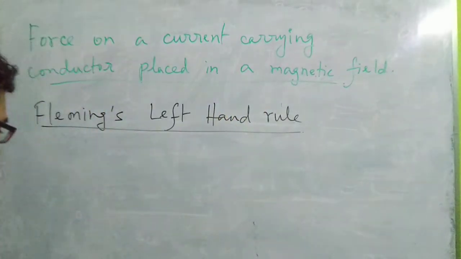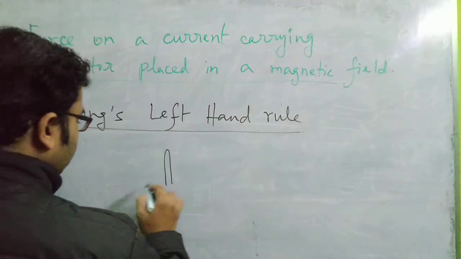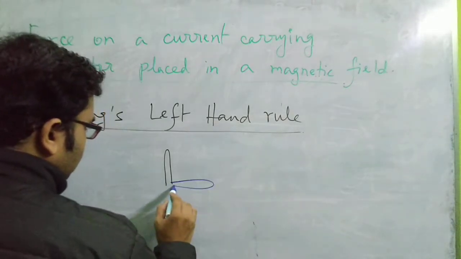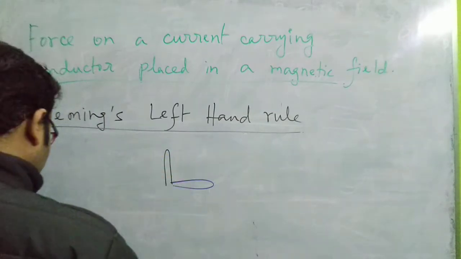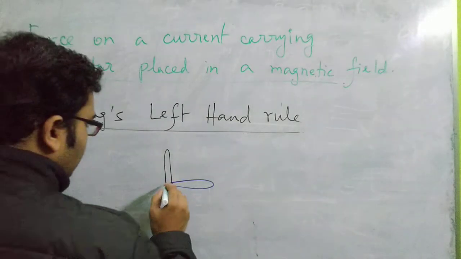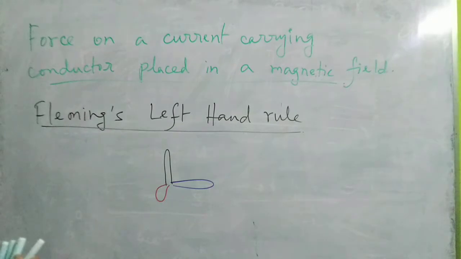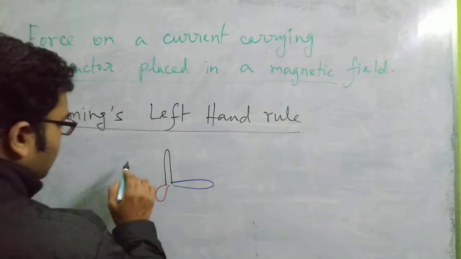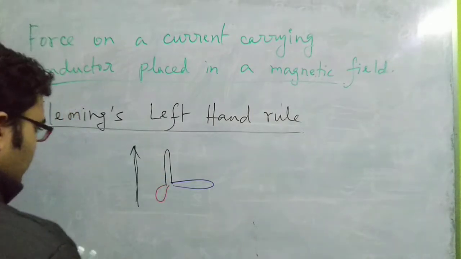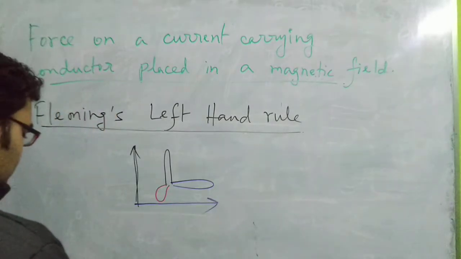Now let us see. So this is our index finger, this is our middle finger, and this is our thumb. If I consider the coordinate axes, this is your y axis, this is your x axis and this is your z axis.